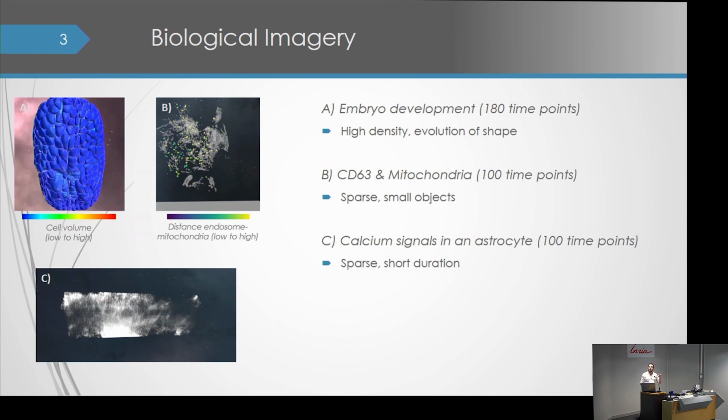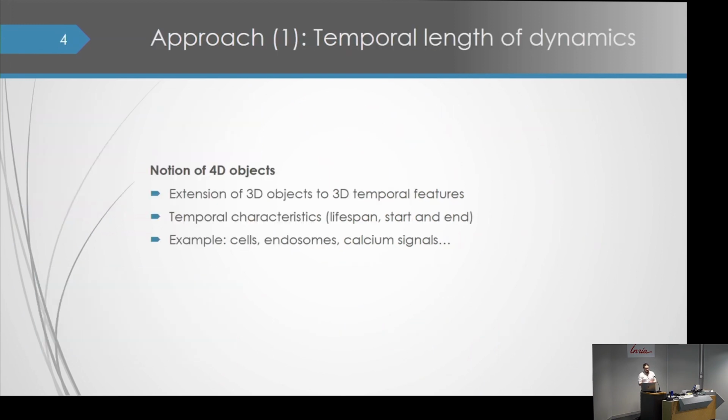So again, really different examples, really different use cases, which raises the main question: how to explore, in general, 3D temporal datasets? The first part of our approach will focus on the temporal length of the dynamics that we can see in this data.